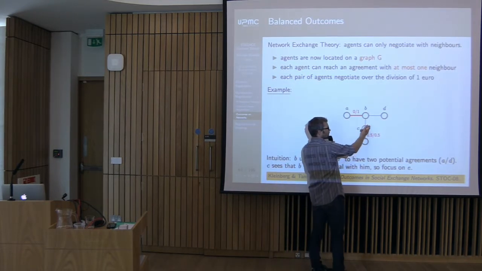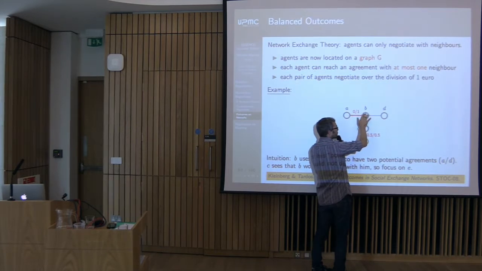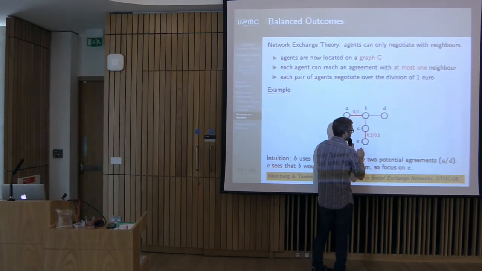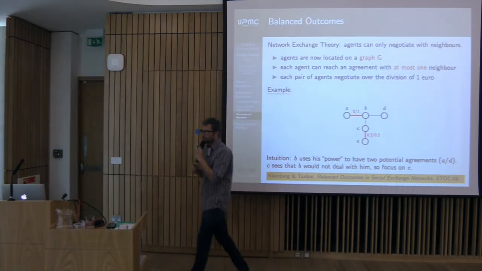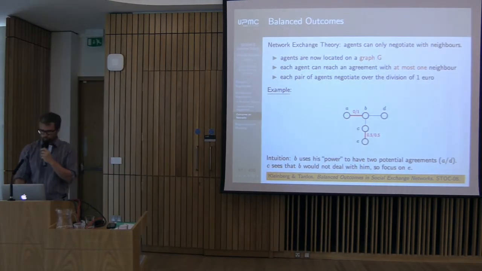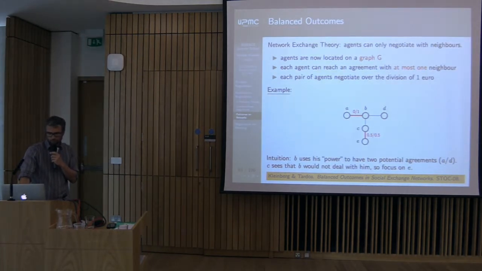Why? Because C has more options, but very soon C will realize that B will just trade with A or D and will get something out of them, so he would focus on this. So this is how the situation would unfold in practice.